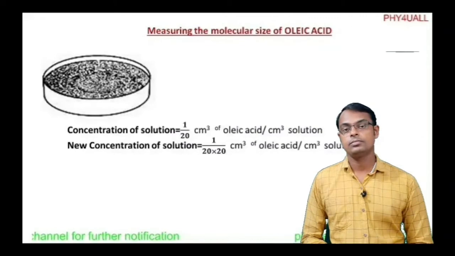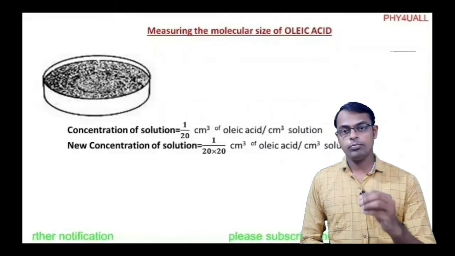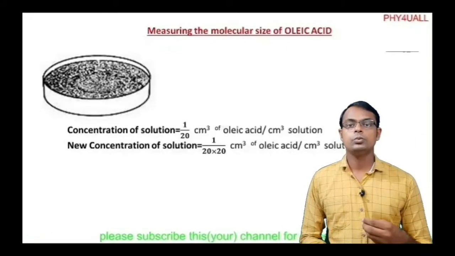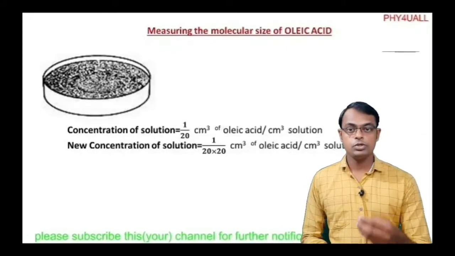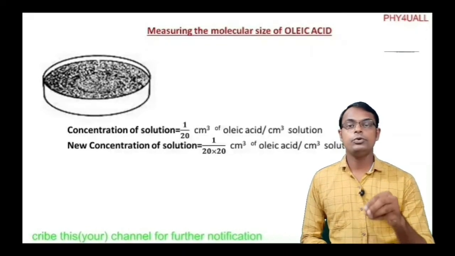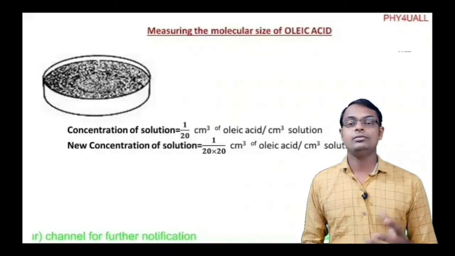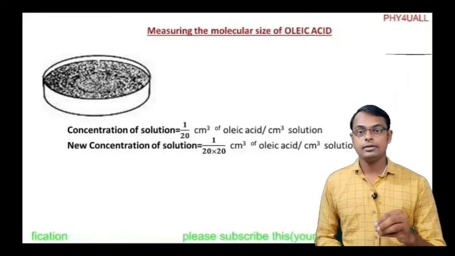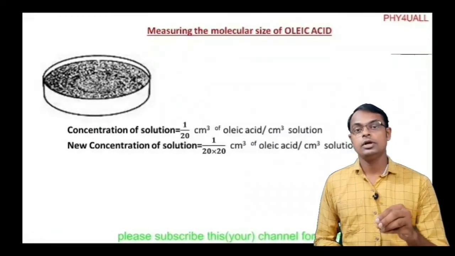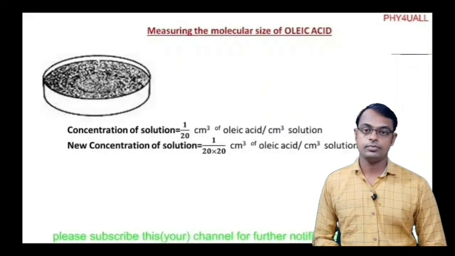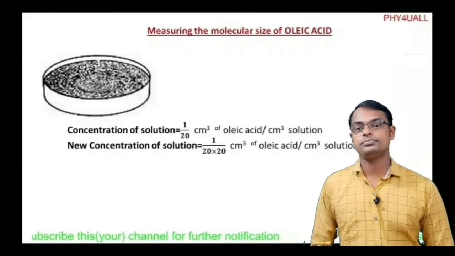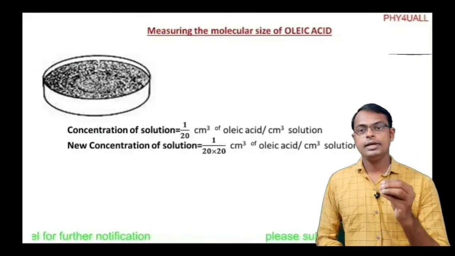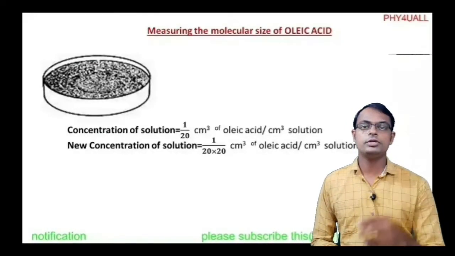After adding the lycopodium powder, we add our new solution, taking a few drops, or we can say n drops of solution, and adding these n drops into the flat trough containing lycopodium powder as well as water. How many drops have we added? N drops of solution.